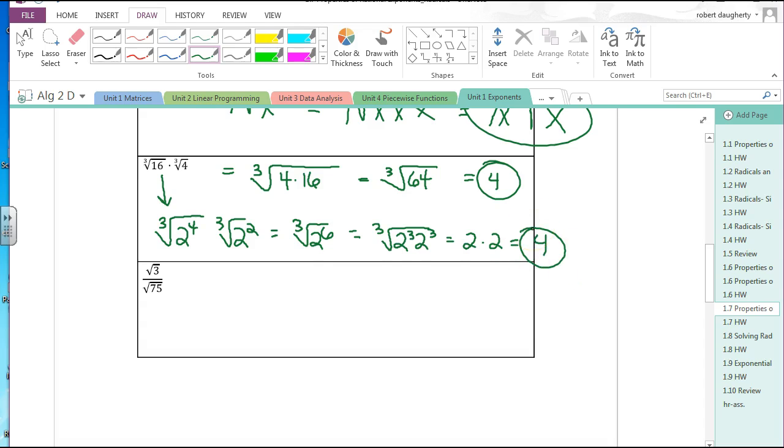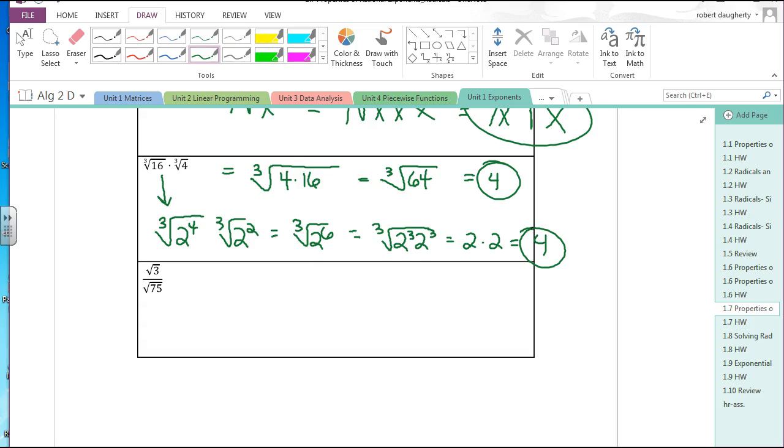Yes, Jack? What if you divided 64 by 2 and you got 2 cubed times squared? If I divided 64 by 2 in this step, you can't do that.